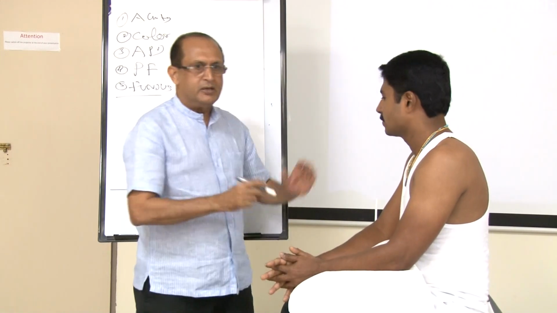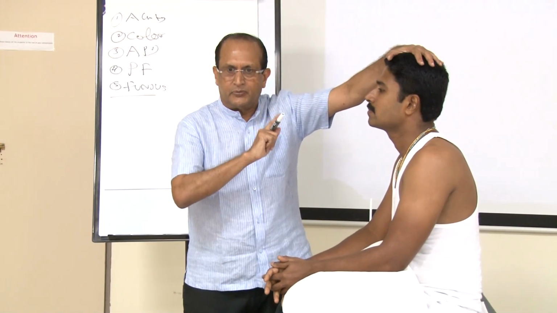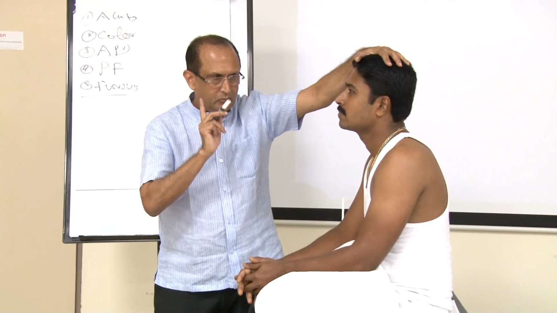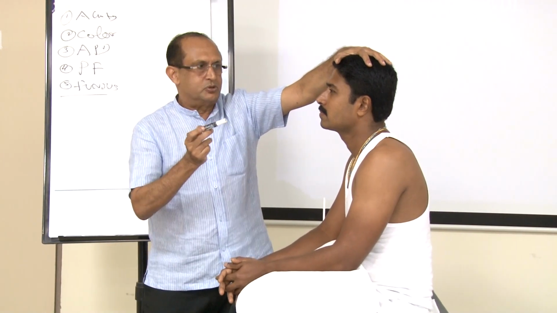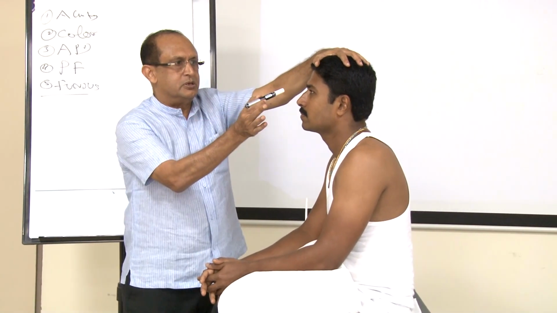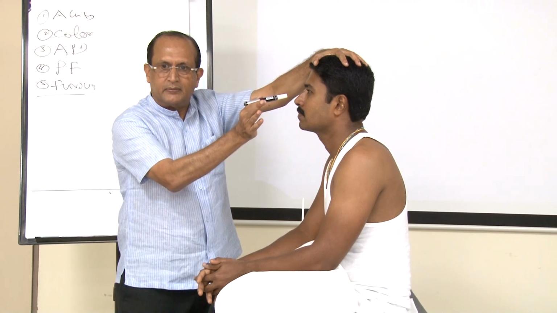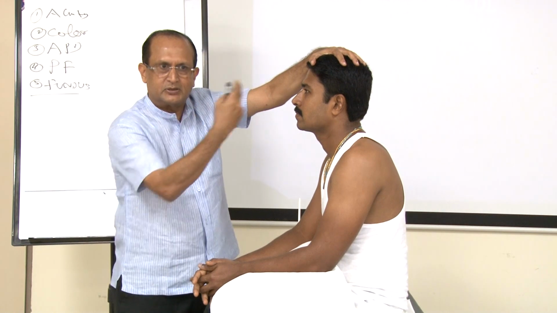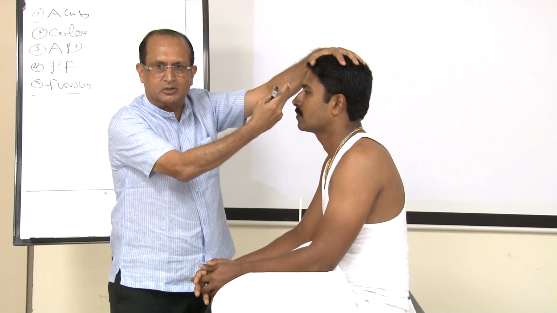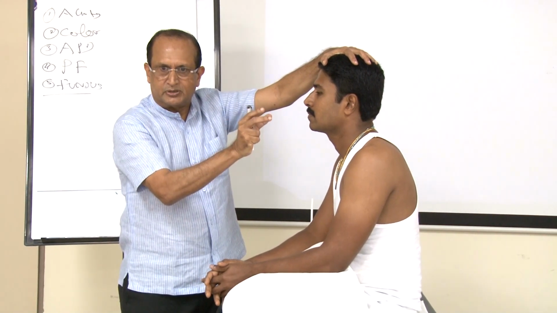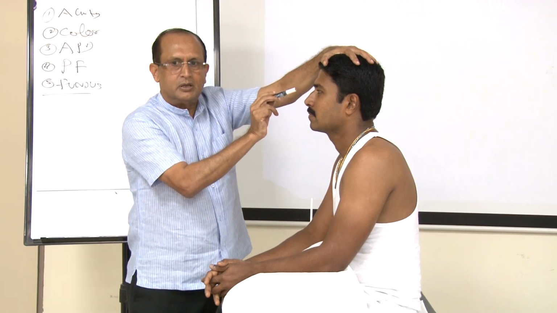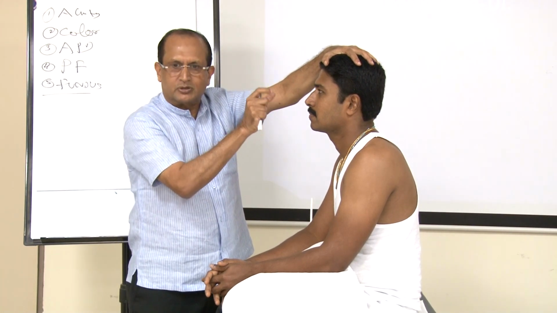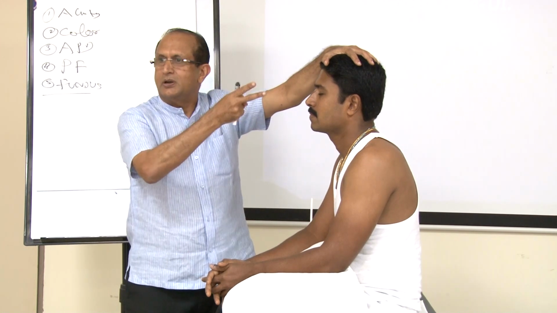And then the next one is the swinging flashlight test, which you have to always do, because you just throw the light on the abnormal eye. There will not be any constriction of the pupil, because the light reflex is not carried to the lateral geniculate body, so there will not be any constriction. But when you come to the normal eye, this will also start constricting, because it's a consensual reaction.